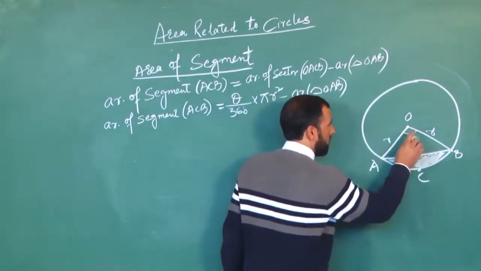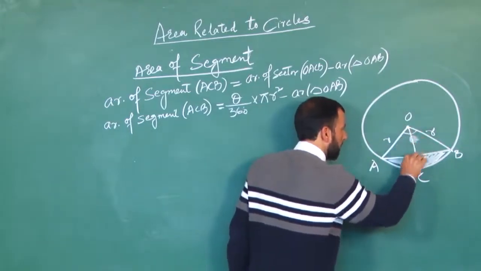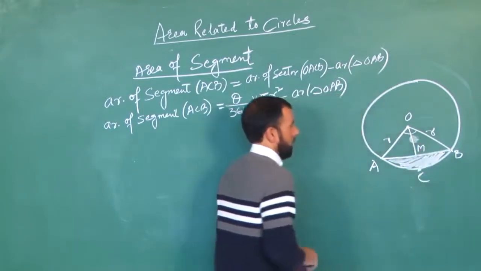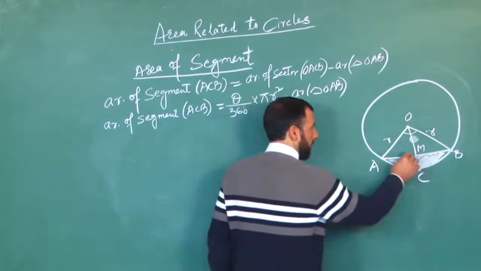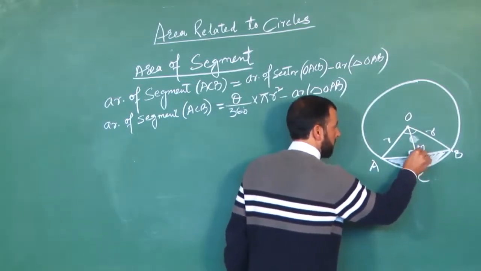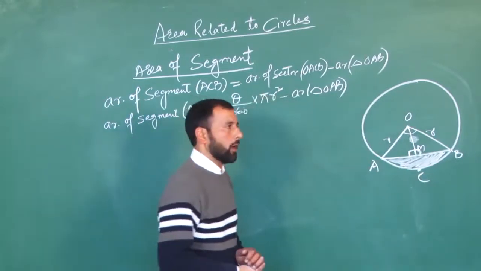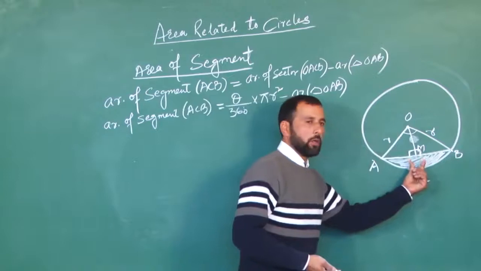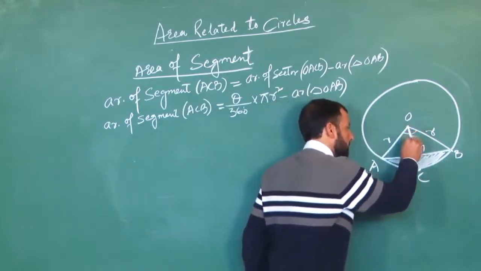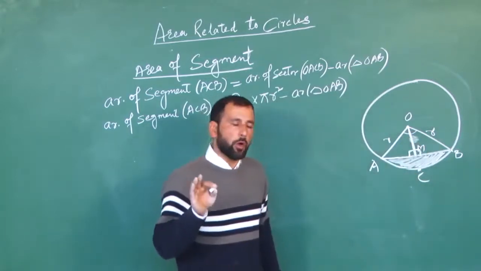For this triangle, we draw a perpendicular, and let the perpendicular be OM on side AB. If it is perpendicular, then this angle is 90 degrees, and this one is also 90 degrees. When we draw a perpendicular in this triangle, it divides the triangle into two congruent triangles.